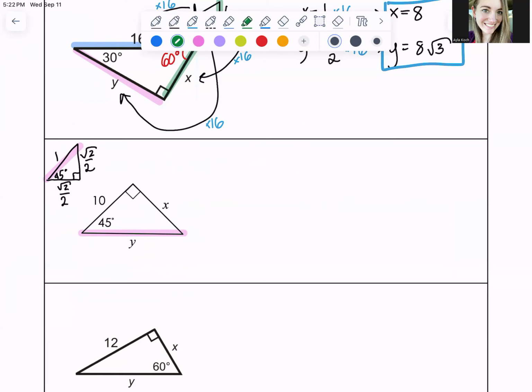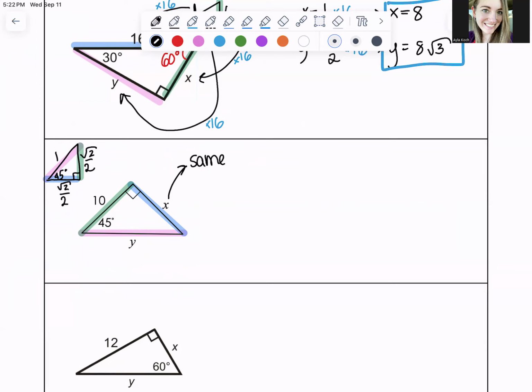And then the legs, it doesn't matter which is which, they're the same length, right? So actually, this one could be here, this could be here, but they're the same length, which gives us one of the answers right away.